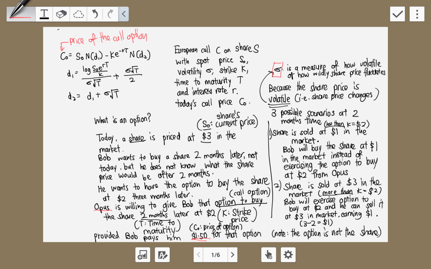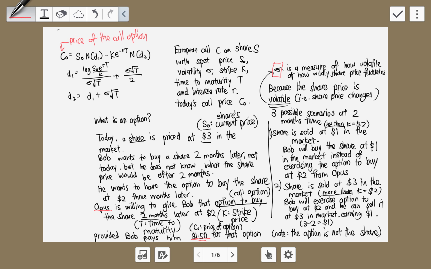Let's say in these 3 scenarios, what would Bob do? If the share is sold at $1 in the market, that means buyers and sellers are buying and selling the share at $1. Bob, as a buyer, will buy the share at $1 instead of exercising the option to buy at $2.